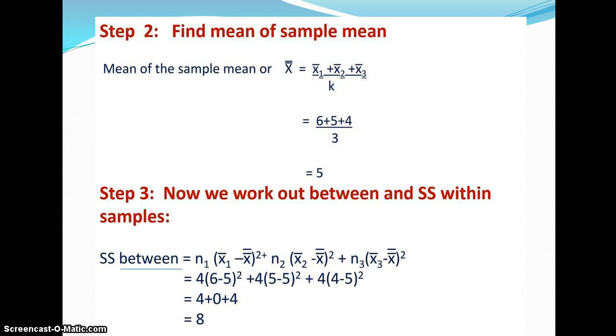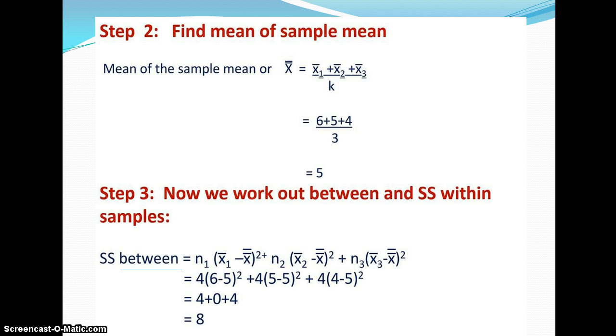First one: n1 times the bracket x1 bar minus x double bar, that is the mean of the sample means. Now for the second sample, n2 times x2 bar, the second average, minus x double bar, the mean of the sample means.